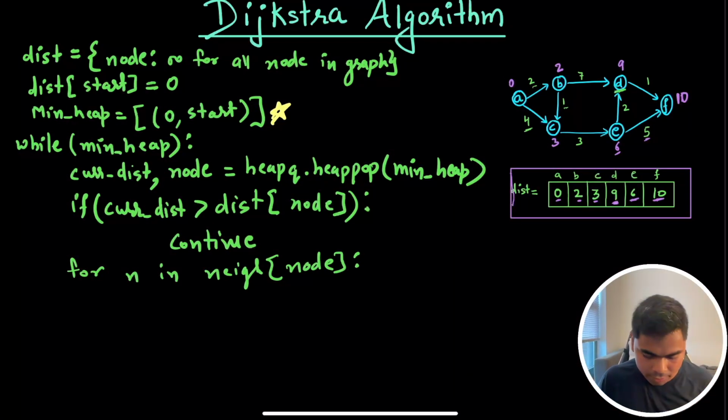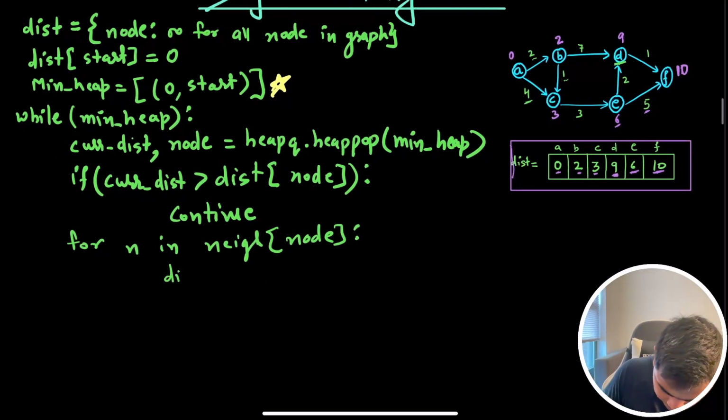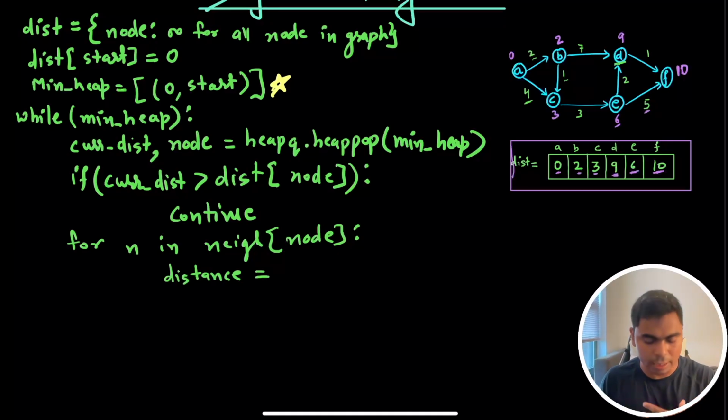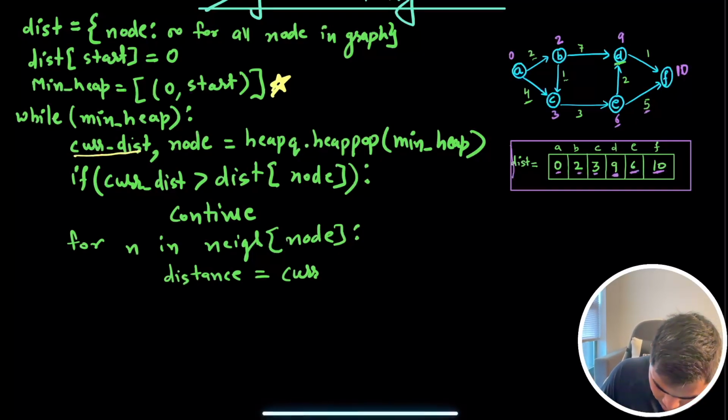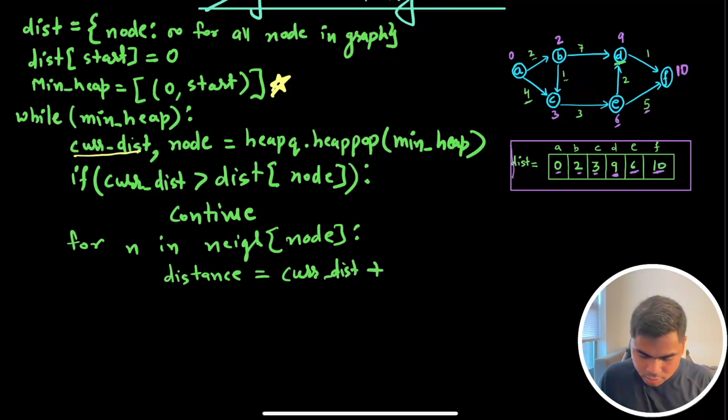Okay, now here let's calculate the distance. So distance is going to be the current distance of this node from the source, which we just found right here, so cur distance plus basically the edge that's going from my current node to the neighbor.